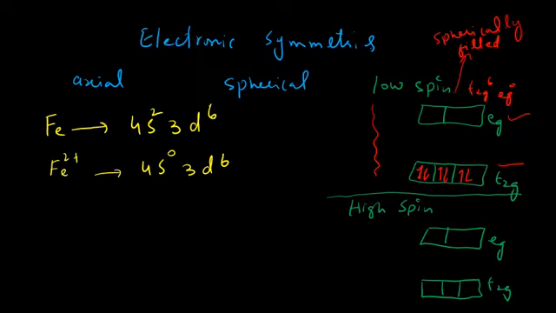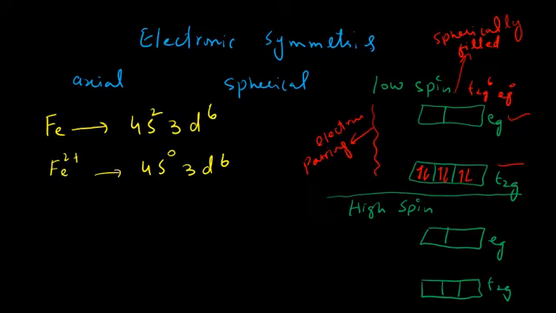The low spin allows electron pairing. So there is the pairing of electrons in the case of low spin. The first electron is filled in the T2G energy levels and then they pair.